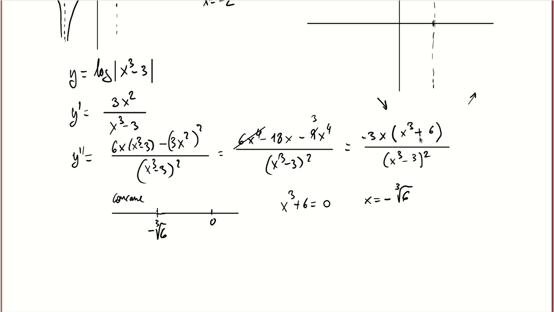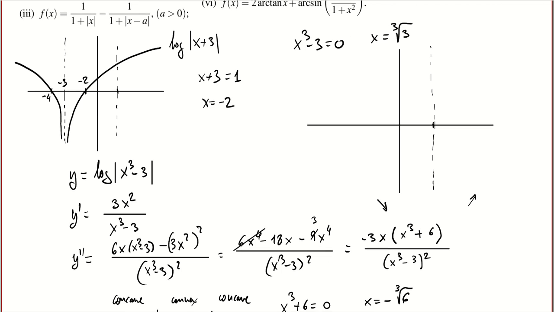Here, one factor changes sign, this one. So the product is positive, the function is convex, right? And then here, it is concave again because the sign again becomes negative. Concave again, right? Okay.